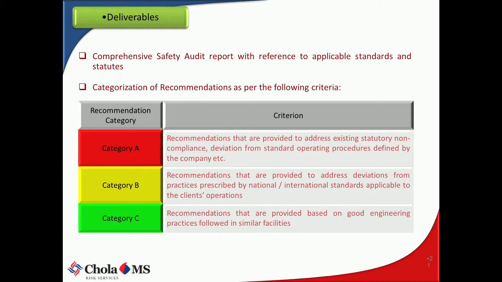Category A is differentiated by non-compliance to legal requirements, like if they don't have a factory license, a fire license, or calibration of instruments, which are legal non-compliances.